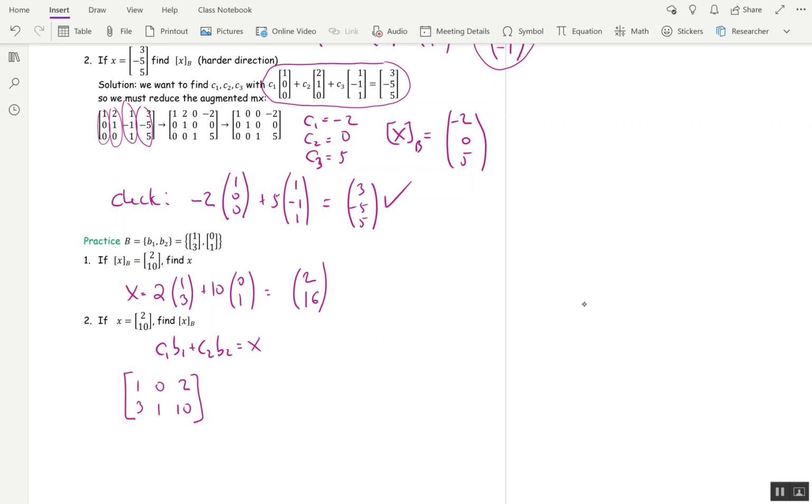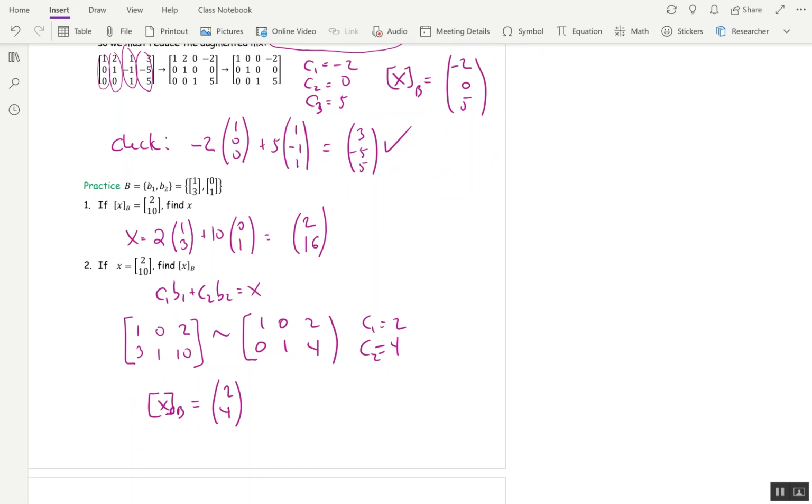Okay, and this will just take one row reduction, so I'll just do it here. 1, 0, 2, multiply by -3 and add. We get 4 here. So C2 is 4, and C1 is 2, and XB is the vector 2, 4.